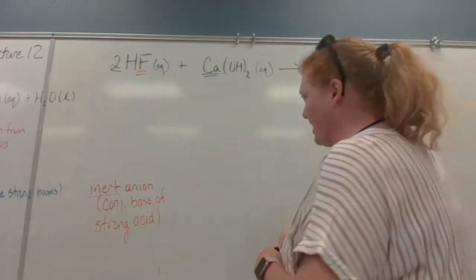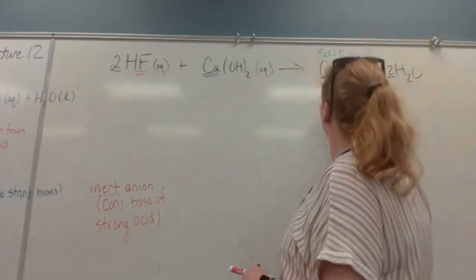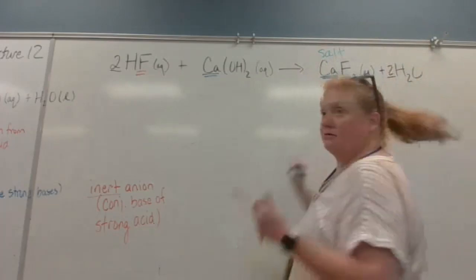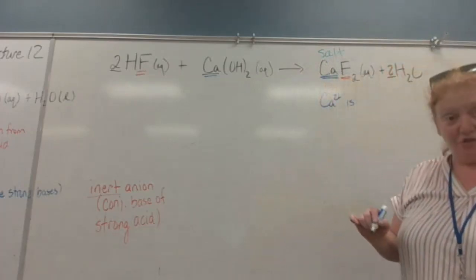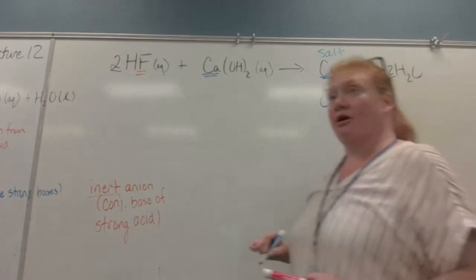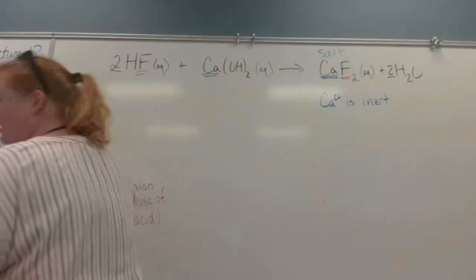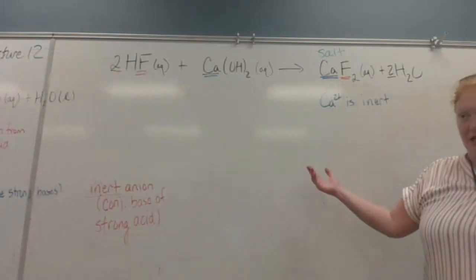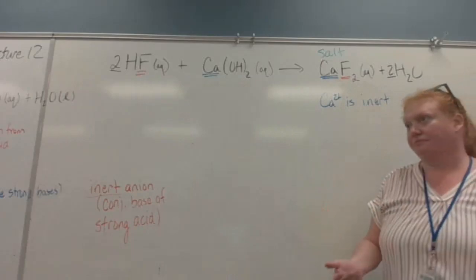What can you tell me about the calcium cation? What's the word that we have just learned about calcium ions? Yeah, calcium is inert. What does it mean to be inert? Calcium ion isn't going to do anything.